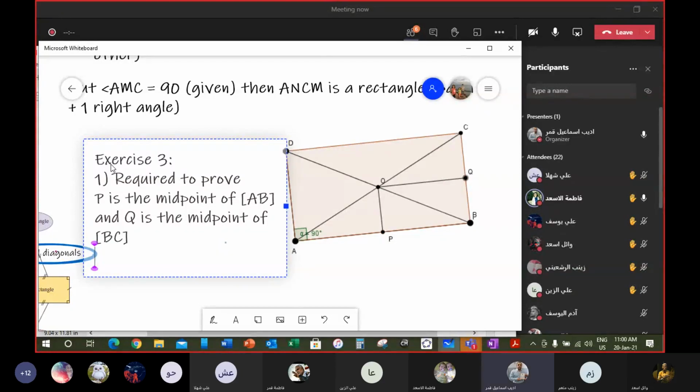Very good. بس هيدا ال OP هو axis of symmetry. إذا طولناه بتصير perpendicular bisector of the segment AB. Okay. O is equidistant from A and B. Then P belongs to OP. Then it is equidistant from A and B.